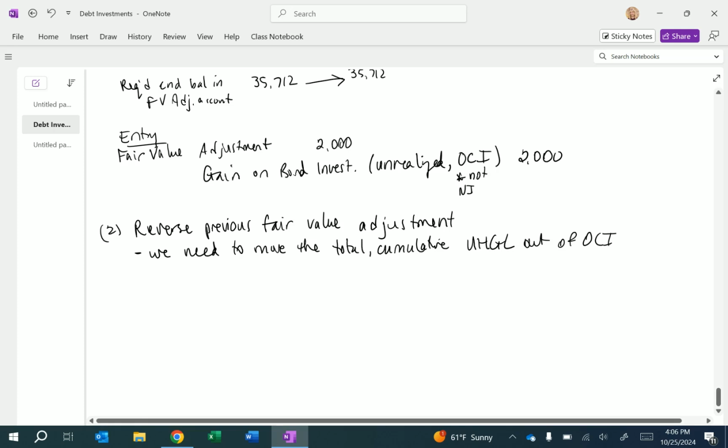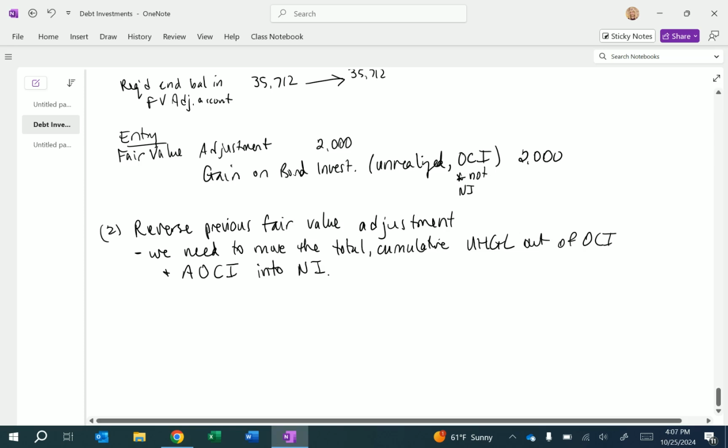Every period, OCI gets transferred out of OCI and goes into accumulated other comprehensive income in the stockholders' equity, and into net income. So out of OCI and out of accumulated OCI and into net income.